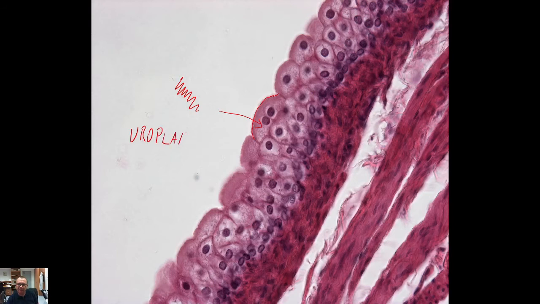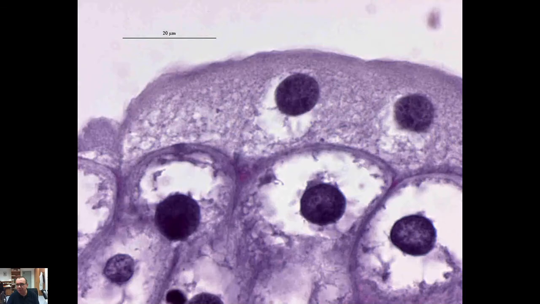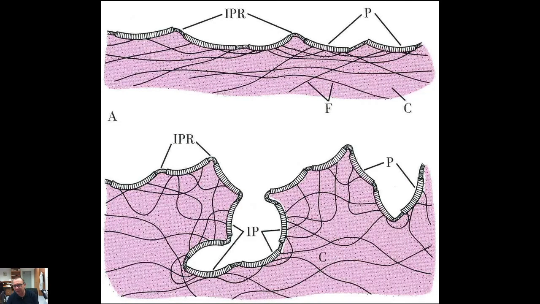They are differentiating only in these cells, so they are very special for umbrella cells. They accumulate under the membrane and they form thick plaques. It will be better visible in electron micrograph, or I use the schema.